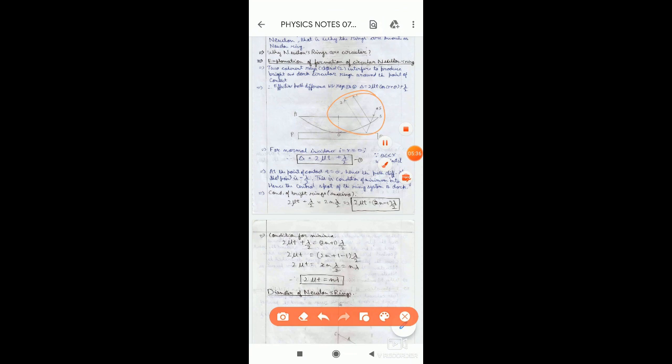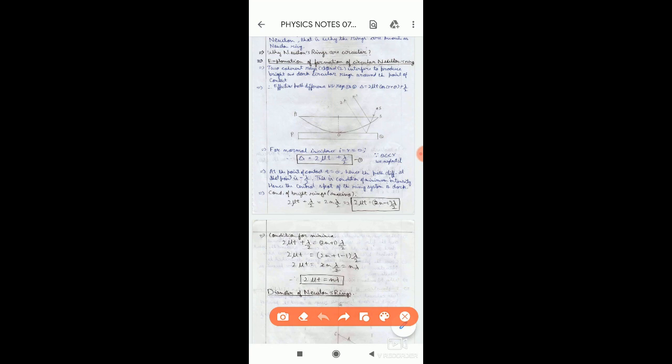Explanation of formation of Newton's ring. Two coherent rays 1 and 2, as shown in the figure, two coherent sources derived from the wedge-shaped film, interfere to produce bright and dark circular rings around the point of contact. Then the effective path difference between rays 1 and 2 would be 2 mu t cos(r plus theta) plus or minus lambda by 2.